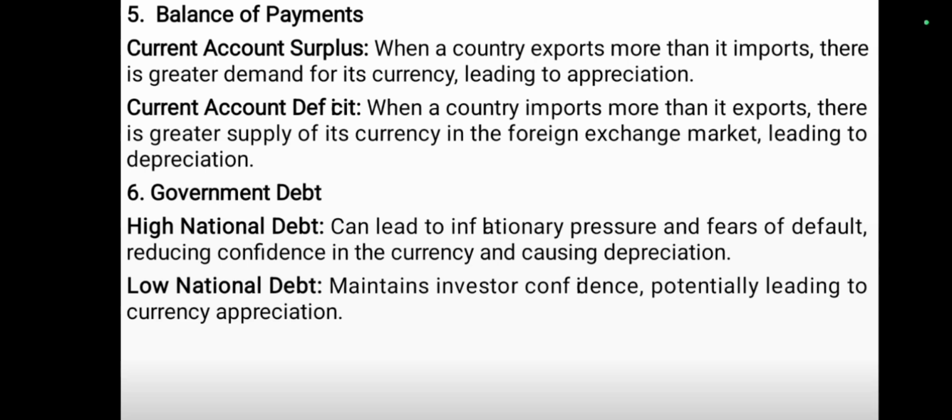Next, government debt. If the country is having more debt, it can lead to pressure and fear of default, reducing the confidence. As you all know, in India we have more than 186, about 196 lakh crores in the year 25-26.